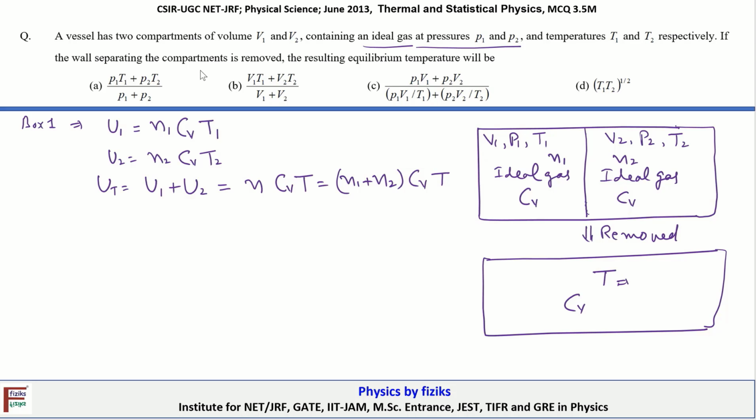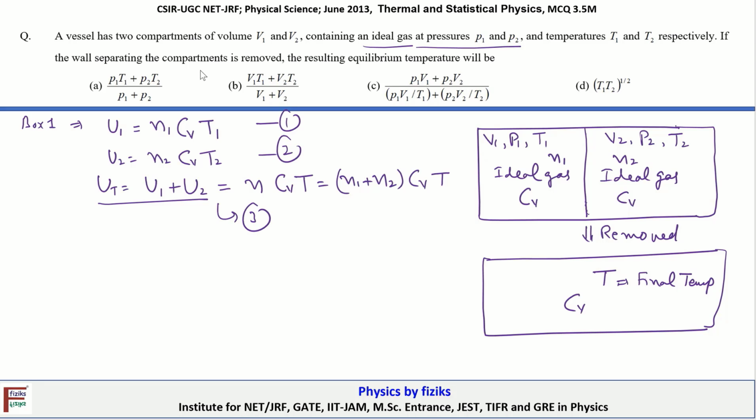Now for conservation of energy, if there is no heat loss to the surroundings, I can write U is equal to U1 plus U2. So now we will substitute the values of U1 and U2 in this equation.